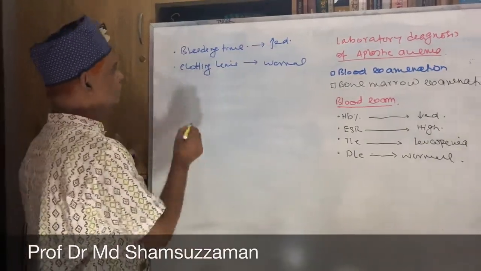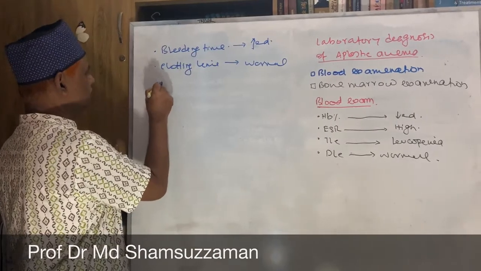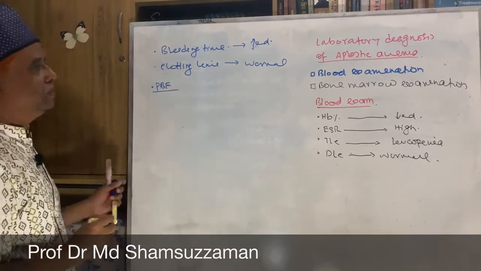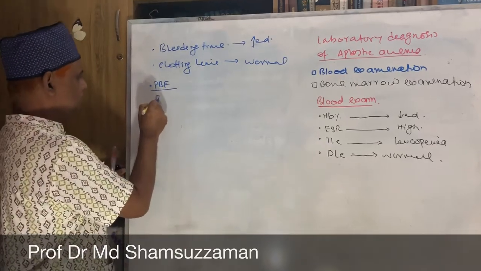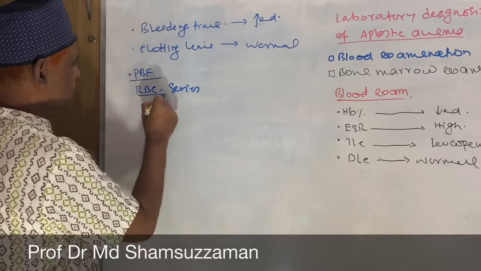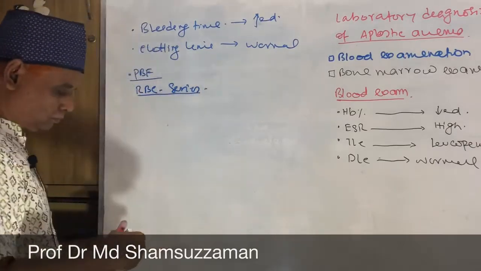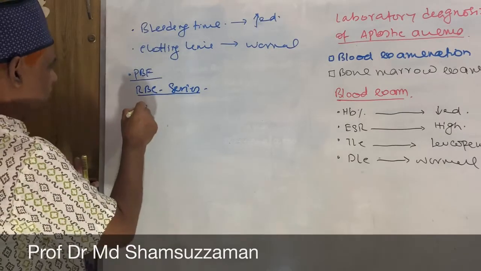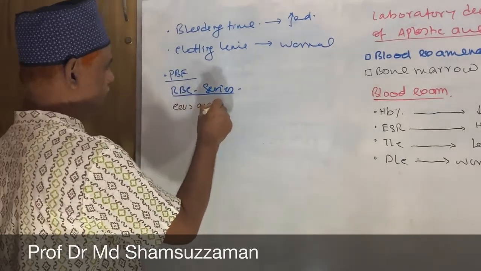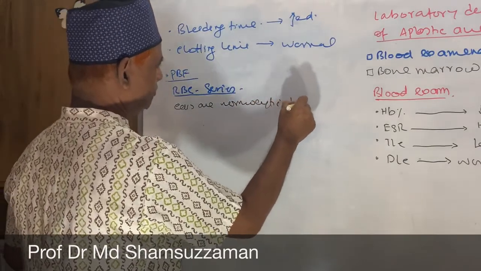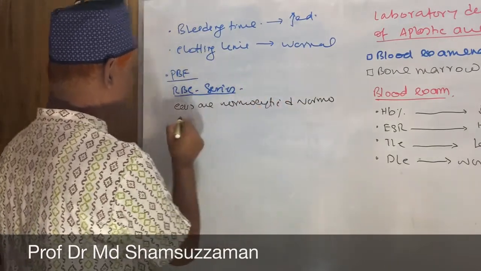Then we have to do peripheral blood film. First come to the RBC series. Cells are normocytic and normochromic.